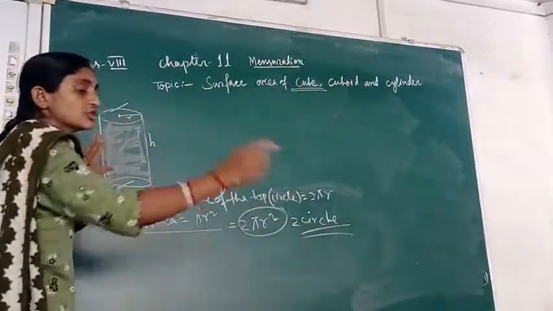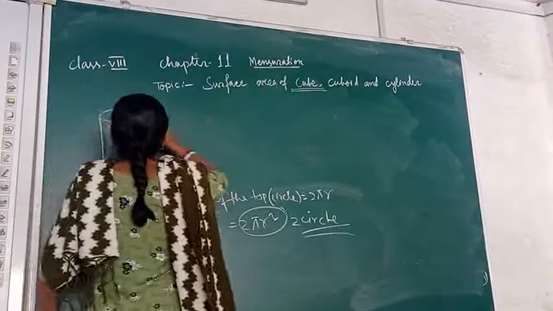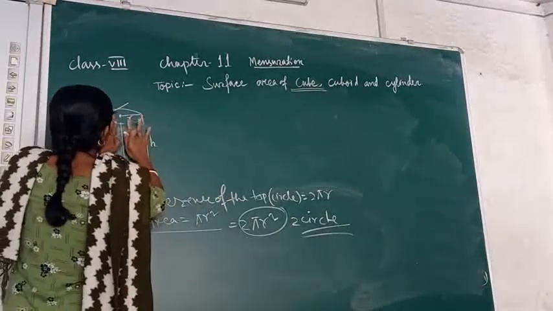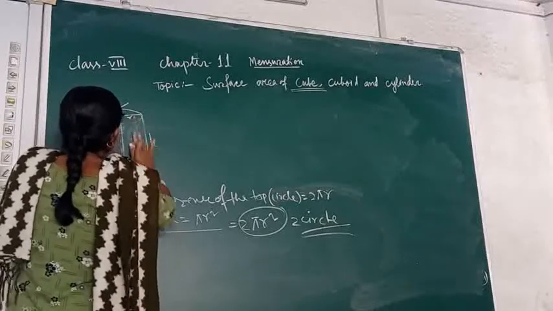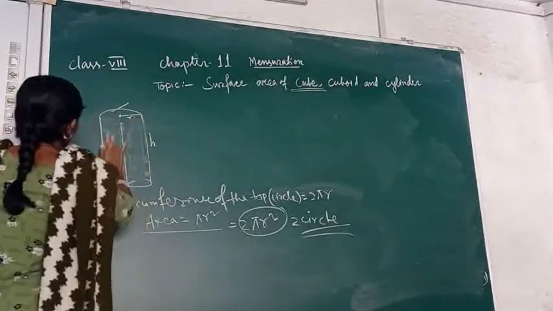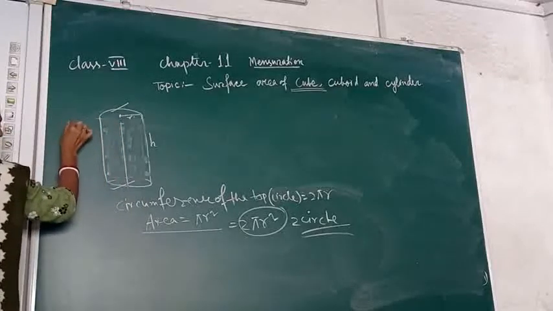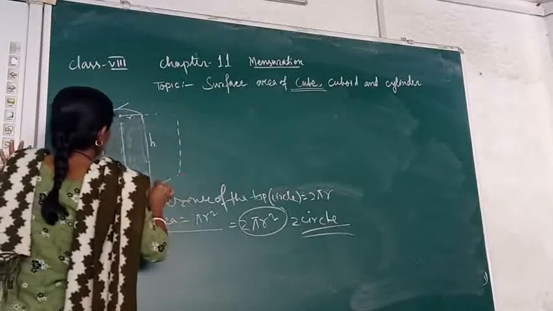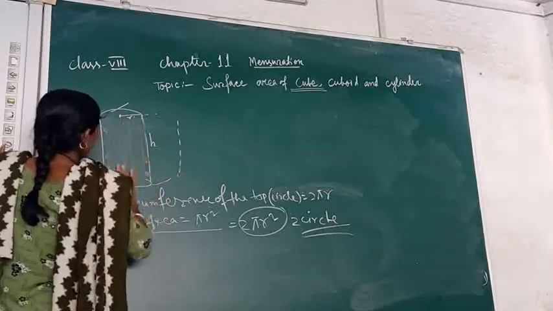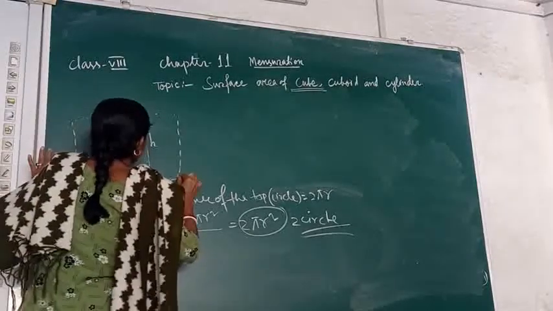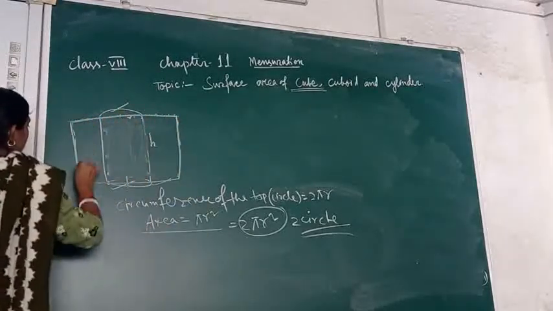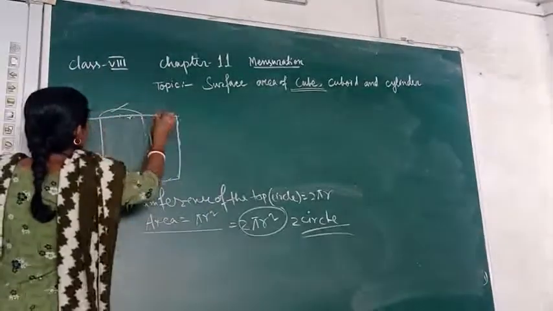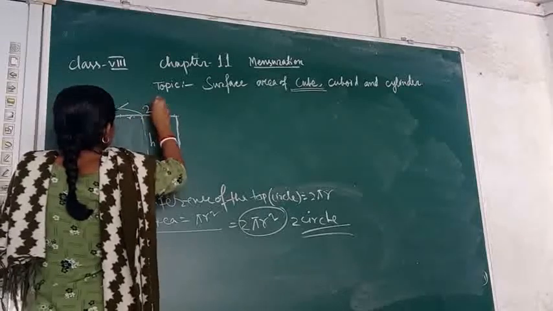Earlier we considered that as height, so it will come up to that, because I have opened this by cutting it. So I am getting one rectangle, and for this rectangle, the height stands for the breadth, and the circumference is the length, that is 2 pi r.